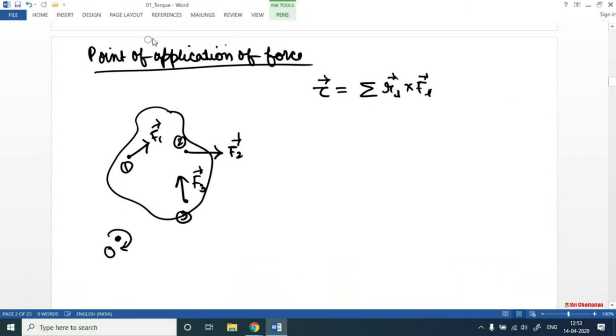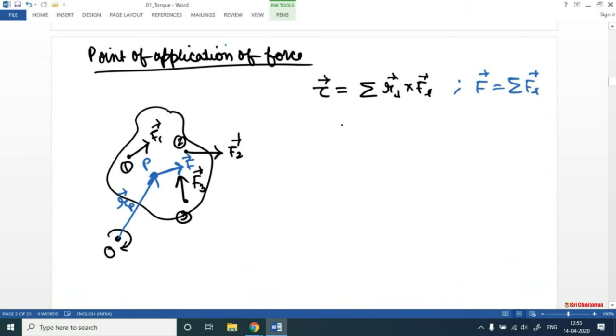Now I wish to have a situation where all these forces are replaced by one single net force. Obviously this F is the summation of all the forces. But where should this force be applied? Let's say it is applied at point P such that it produces the same net torque. Then the position vector of this point P will be known as the point of application of force.